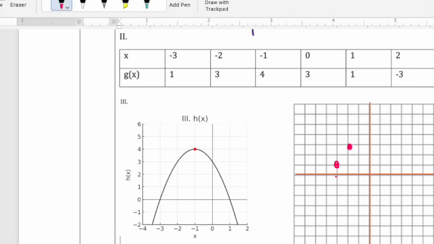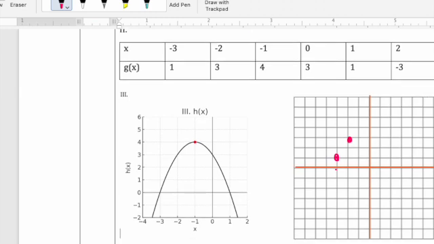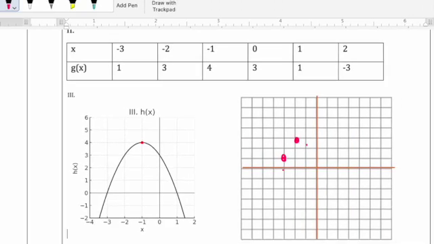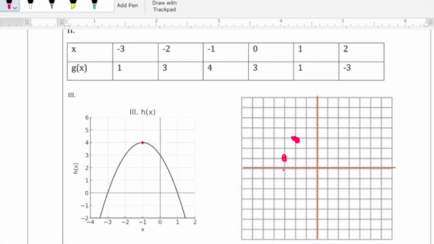And then we have at -1. Let me just actually put this a little more. Wow, that's the worst dot. I can't draw very well, but we all know that.